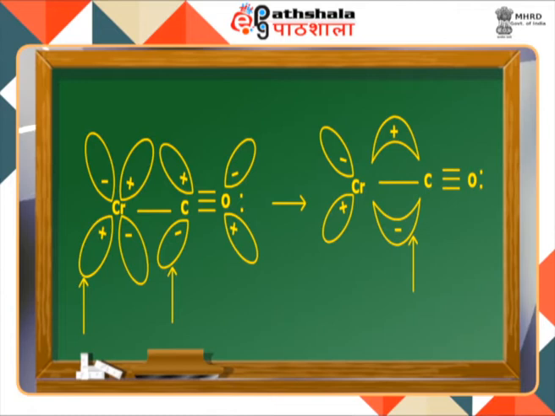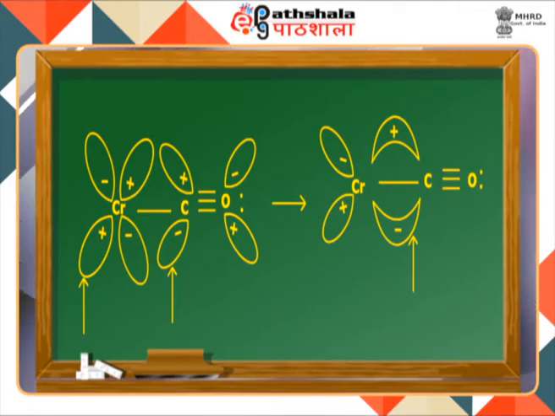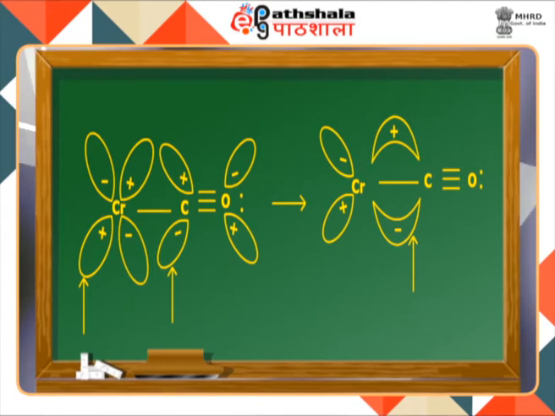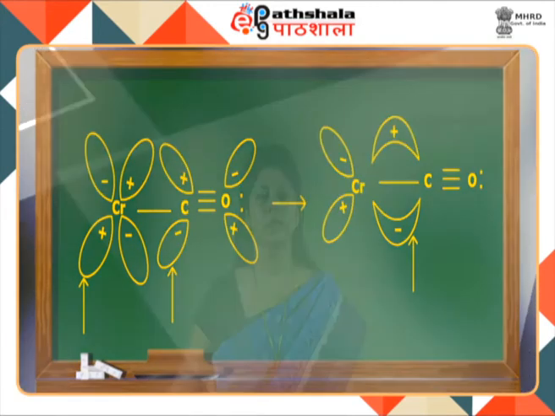The chromium atom is capable of forming 3 such bonds at a time with 3 carbonyl ligands using its 3 d pi orbitals. An average bond order equal to 1.5 is established in the chromium carbonyl bond due to resonance.